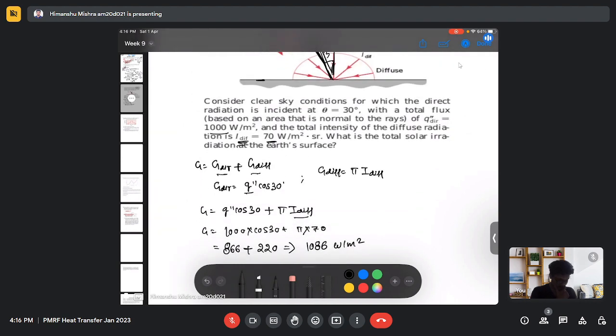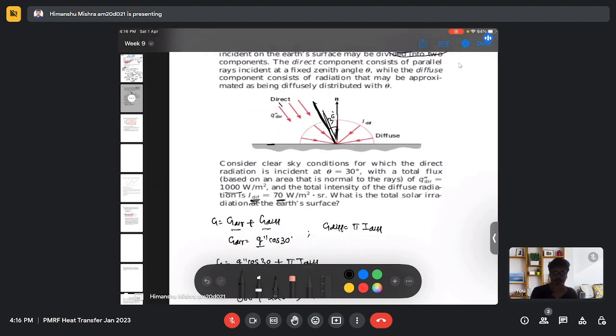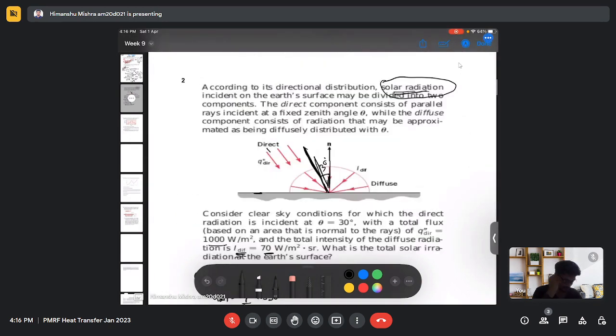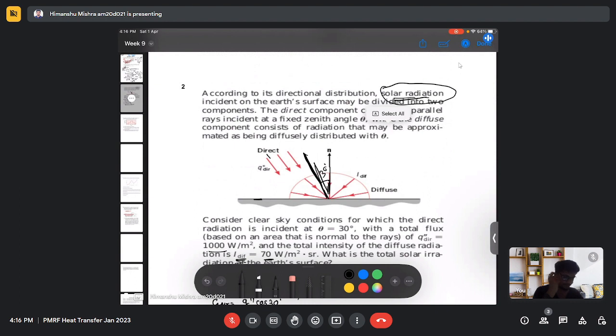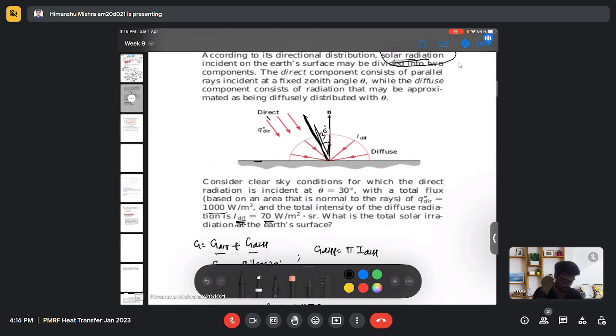So any doubt here, like in this question? In this question, they just divided the nature of solar radiation into two components, direct and diffusive, and they asked to calculate the total radiation, that is, whatever sunlight is received by the surface.